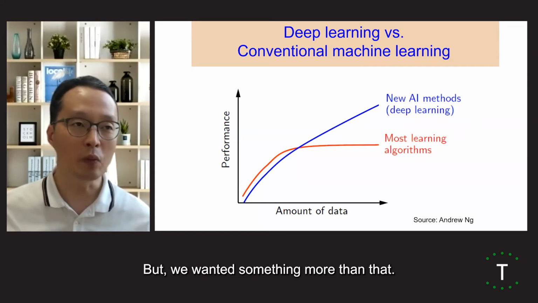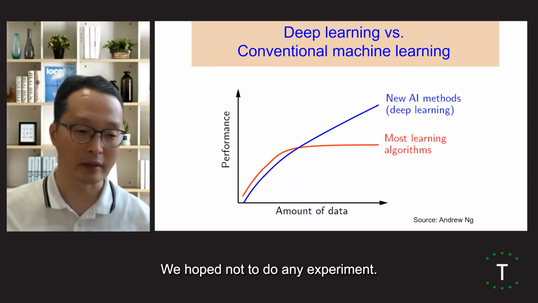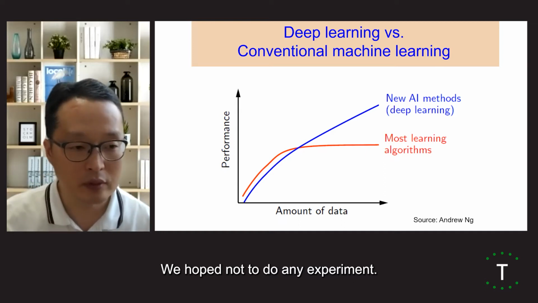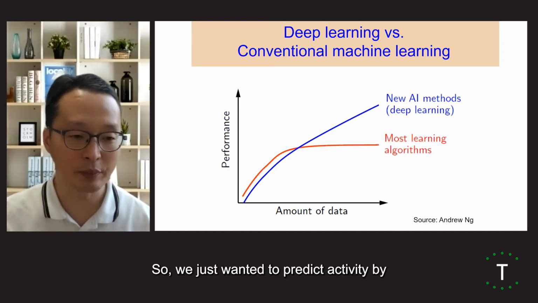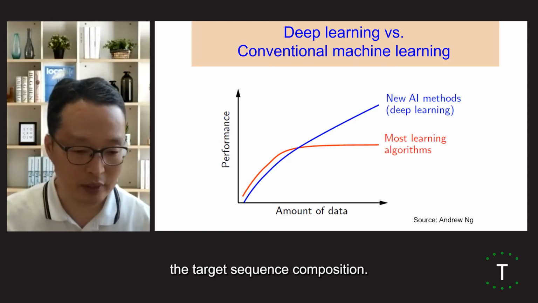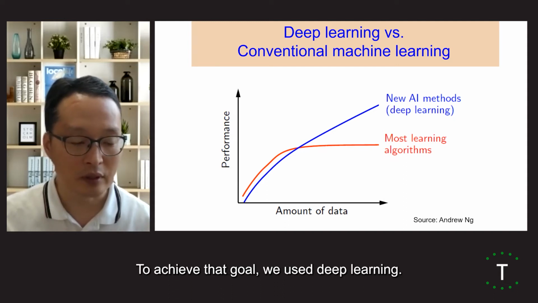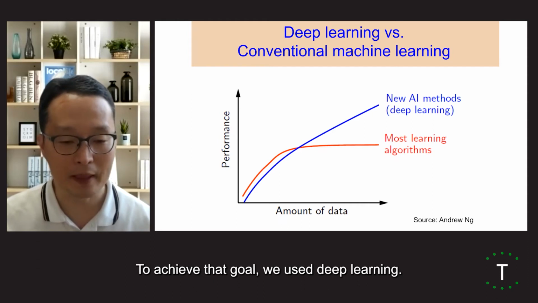But we wanted something more than that. We hoped not to do any experiment. So we just wanted to predict activity from the target sequence composition. To achieve that goal, we use deep learning.